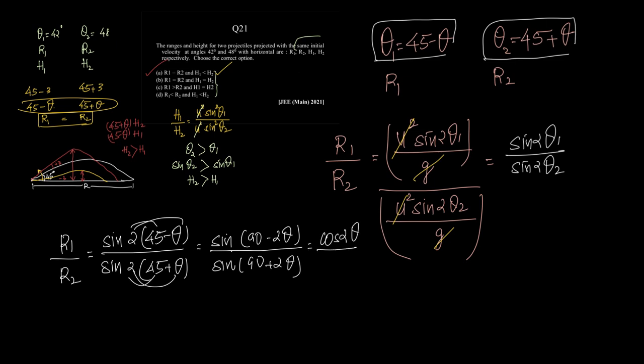What is sine 90 plus 2 theta? It is also cos 2 theta. Therefore cos 2 theta by cos 2 theta is 1, and R1 by R2 is equal to 1. Straightforward application of trigonometric identities, and you just have the answer. So that's it with this question number 21.